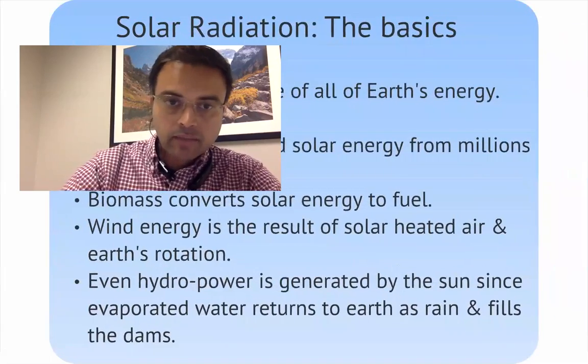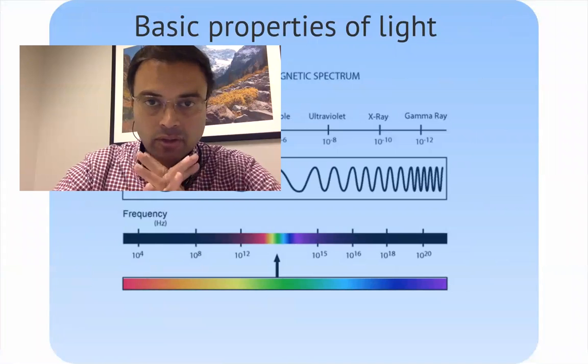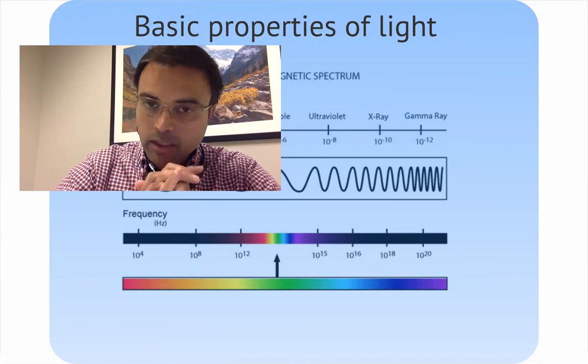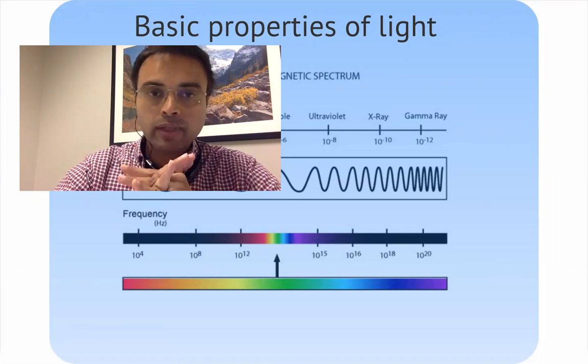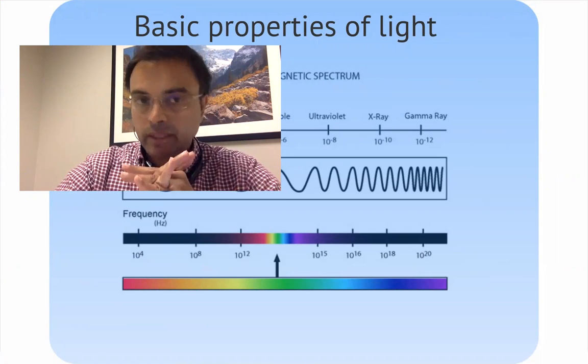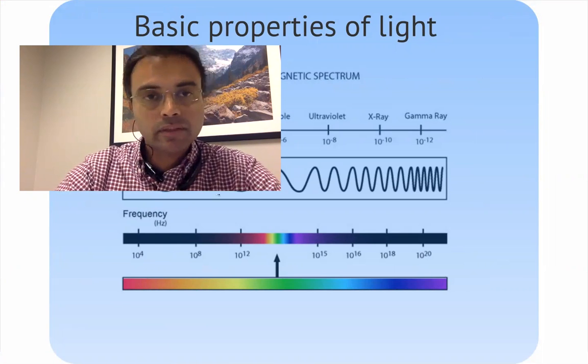So let's begin with some very basic ideas of light, which some of you should be quite familiar with, but let's go through it anyway. Light, of course, comes in many wavelengths, which we refer to as the electromagnetic spectrum. We think about the spectrum in terms of wavelengths.